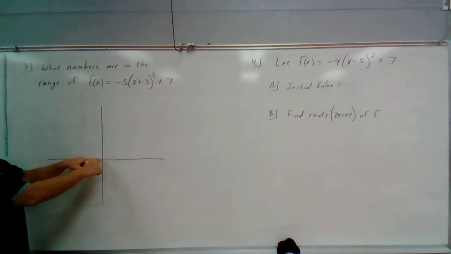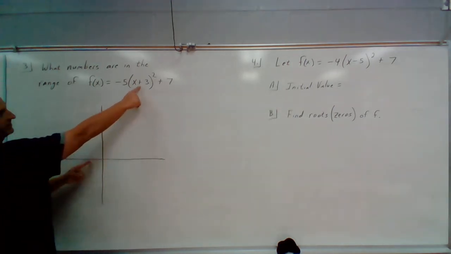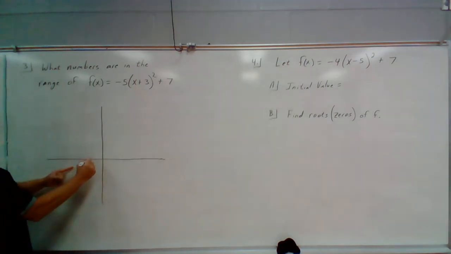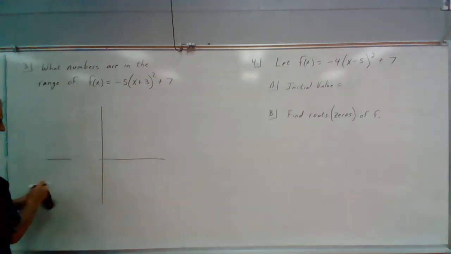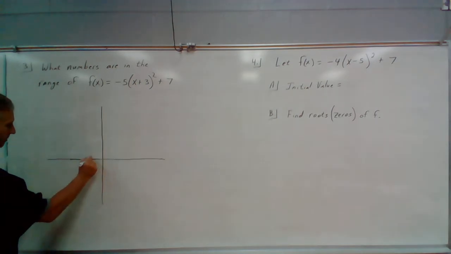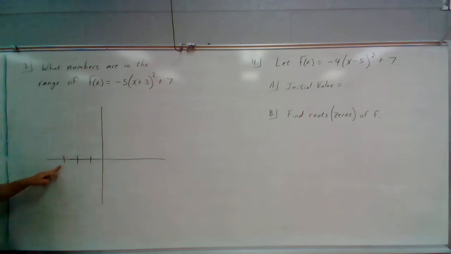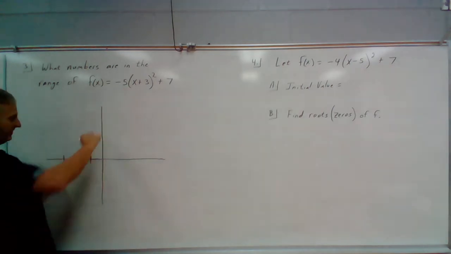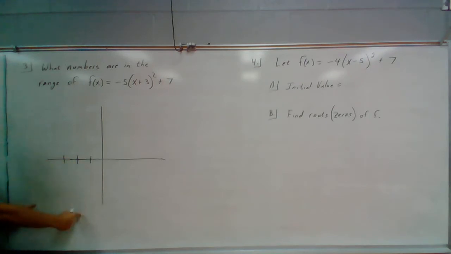So the original y equals x squared parabola has its vertex at the origin. It looks like that. So if I shift that left 3, 1, 2, 3. I'm going to go left 3. The negative 5 will flip it upside down. So it looks like this. Flip it upside down. Now it looks like that.